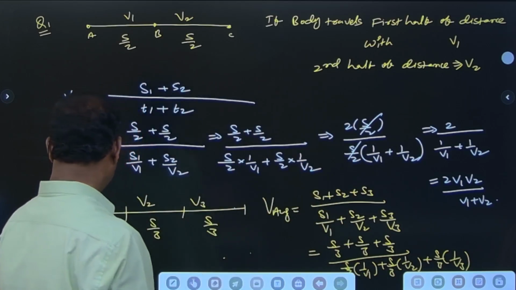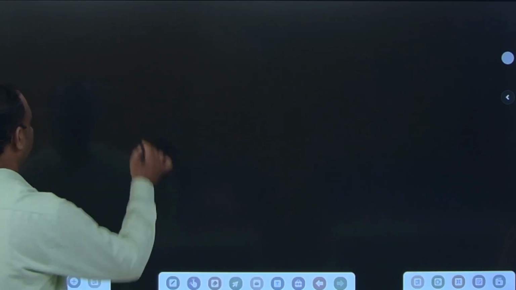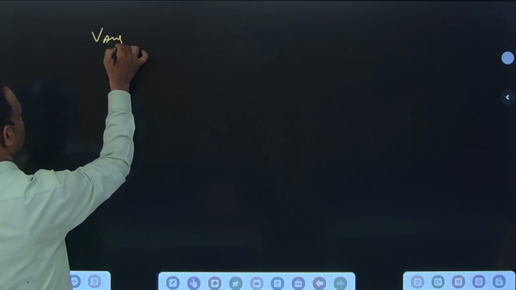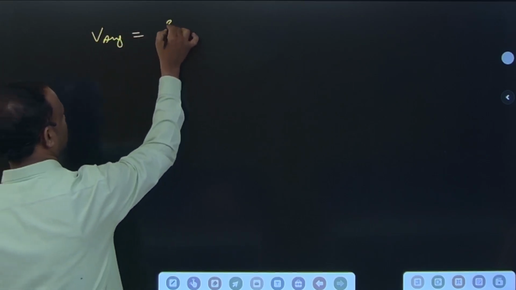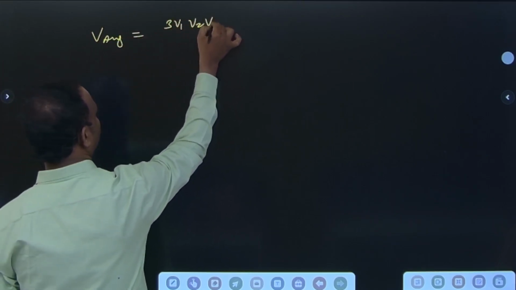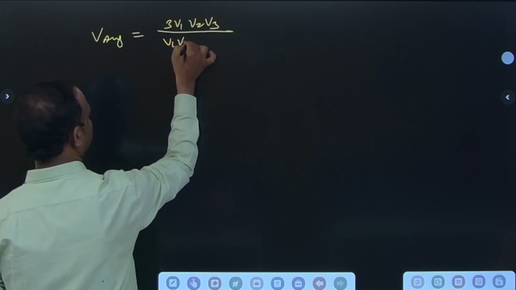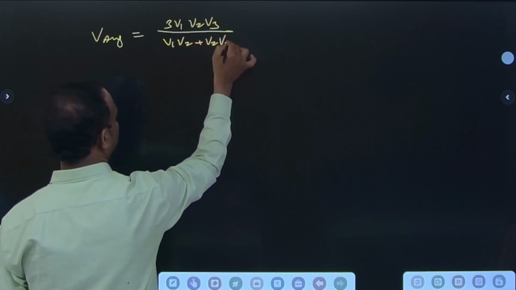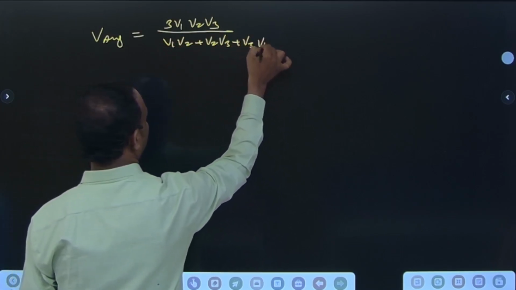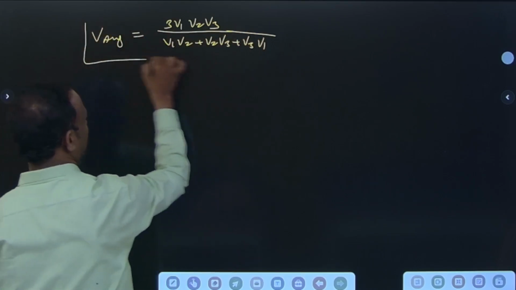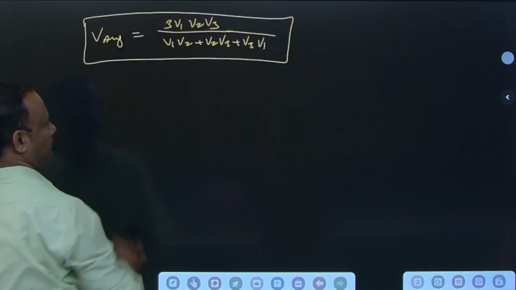So the answer is V_avg equal to 3 V1 V2 V3 by V1 V2 plus V2 V3 plus V3 V1, the average speed.